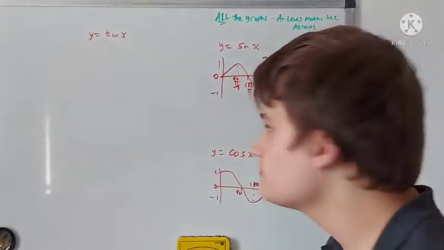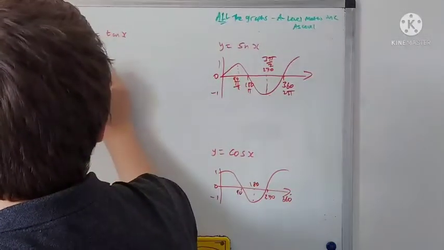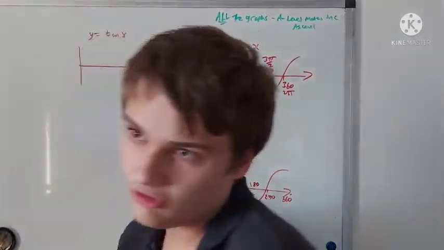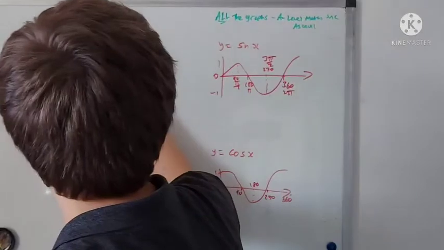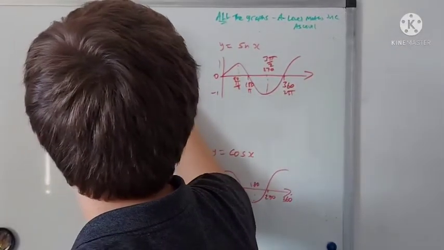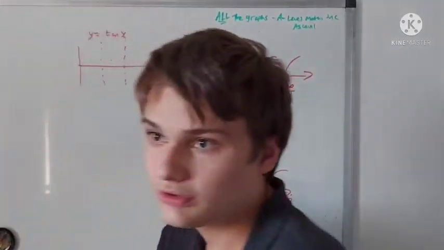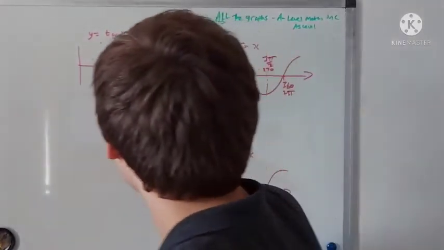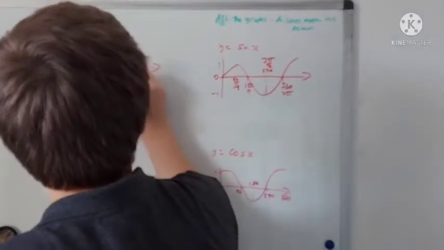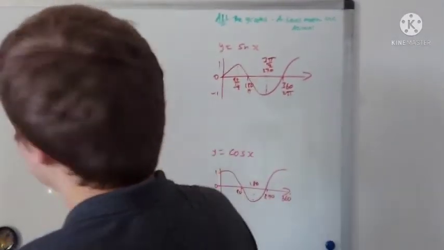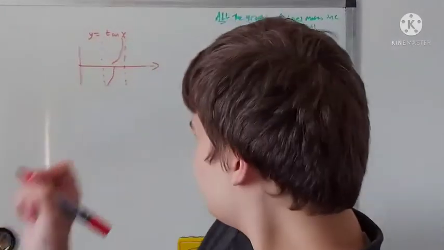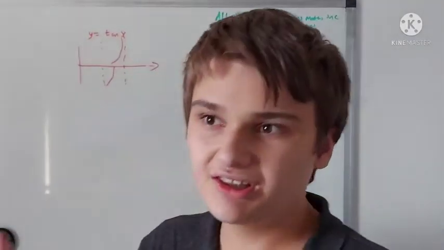That's cosine. For tan x, it has its asymptotes. Okay, I'm going to draw 2 in here. So it kind of looks like this anyway.